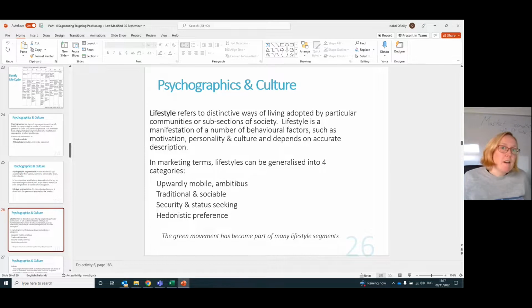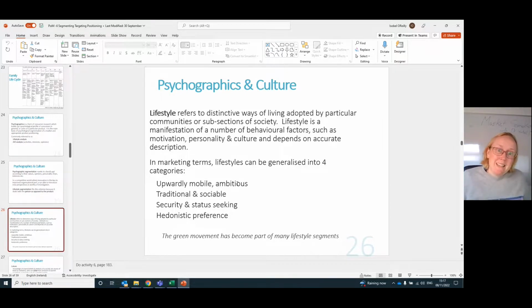In marketing terms, lifestyles can be generalized into 4 categories: upwardly mobile or ambitious, traditional and sociable, security and status seeking, or hedonistic preference. Most of them are self-explanatory.